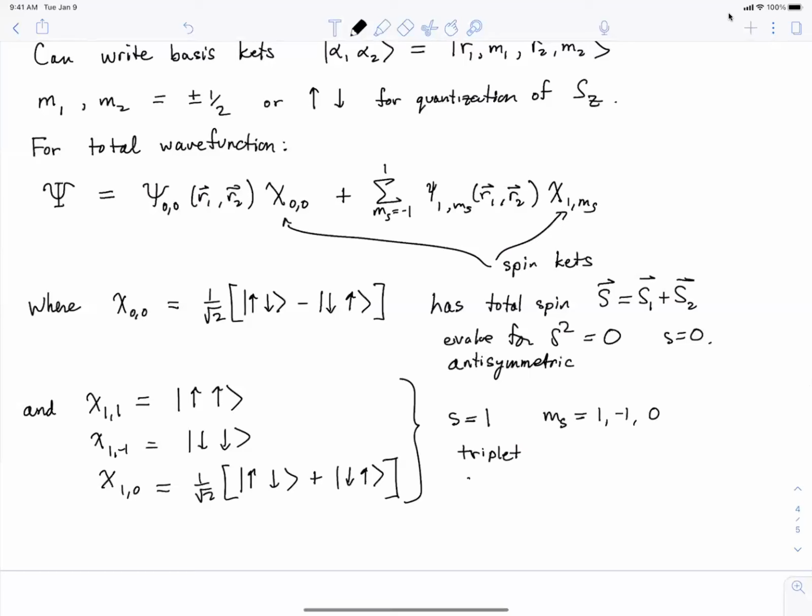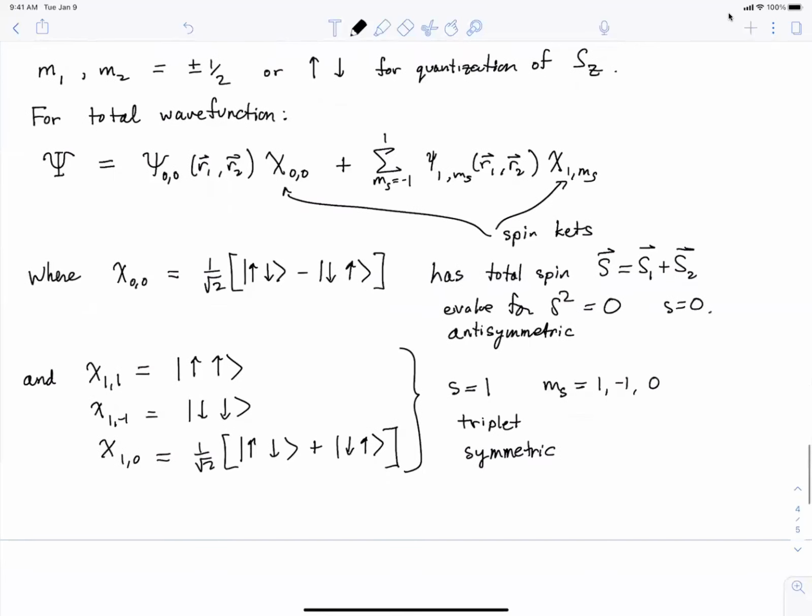And they are symmetric. All 3 of them are symmetric if I interchange the labels. Which just means if I interchange up arrow and up arrow, of course, that's the same. And if I do up arrow and down arrow, and here, if I interchange up arrow and down arrow, this thing gets exchanged into that, and vice versa with a plus sign.